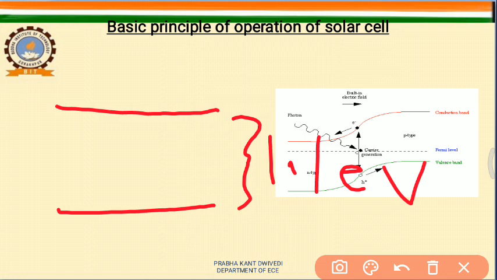To make an electron jump from the valence band to the conduction band, at least 1.1 electron volt of energy is required. So the photon falling on the junction should have 1.1 electron volt energy to create an electron in the conduction band and a hole in the valence band.